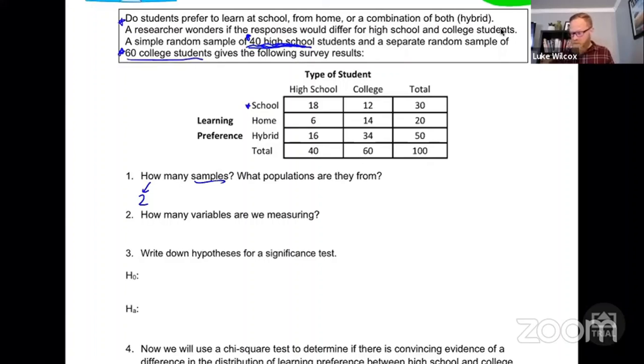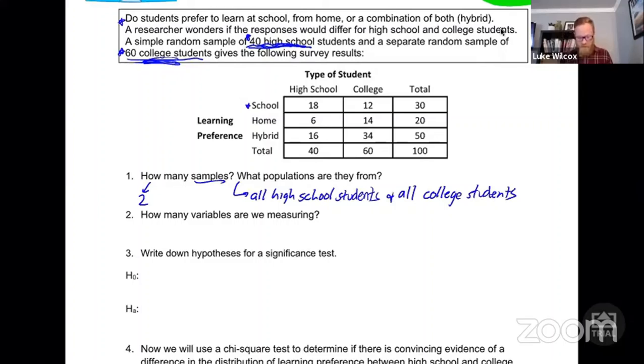So I would say that the first population here is all high school students. And then, of course, the second sample is a random sample of college students. So the second population here, I'm going to say, is all college students.